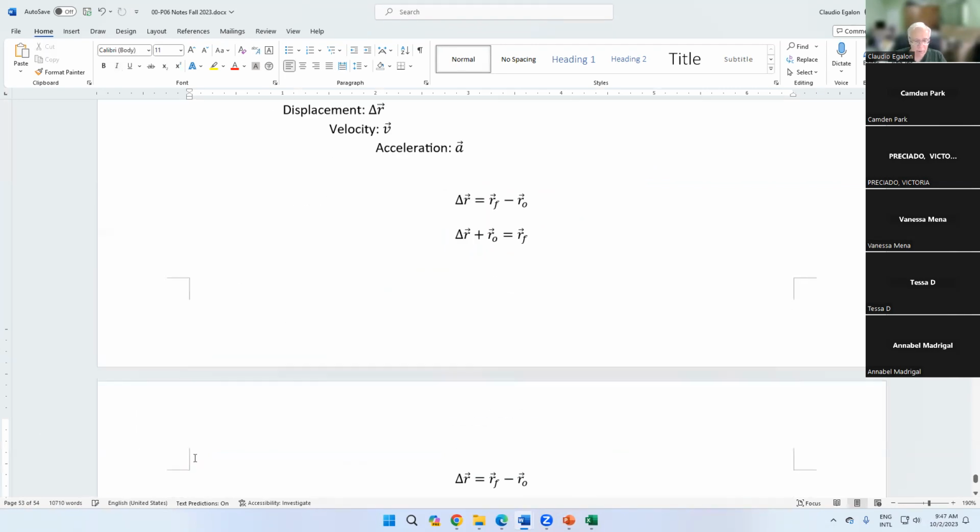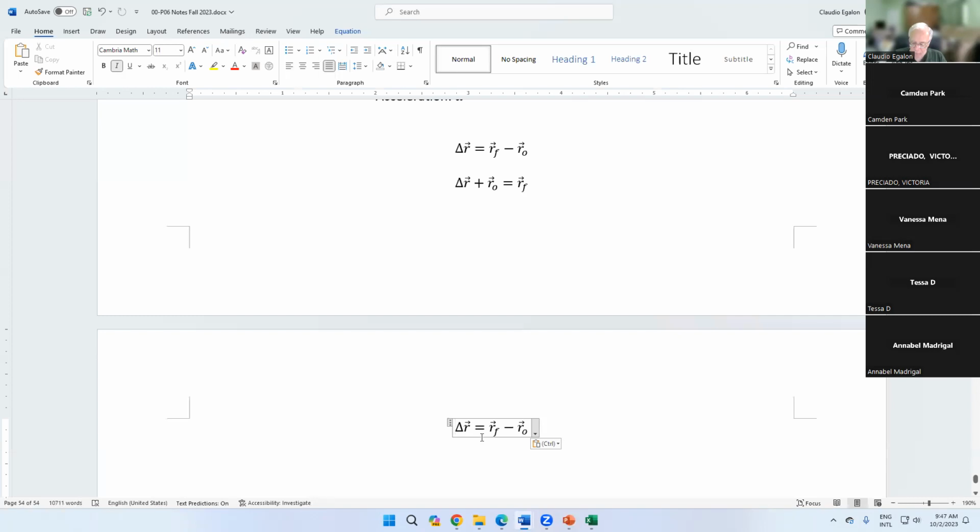Remember, average velocity is related to the displacement. The average velocity vector will be parallel to the displacement vector.